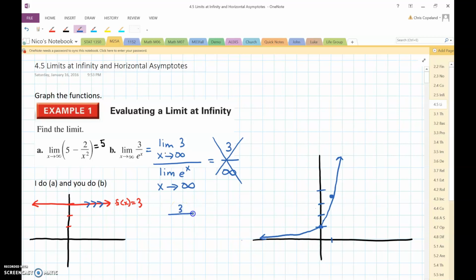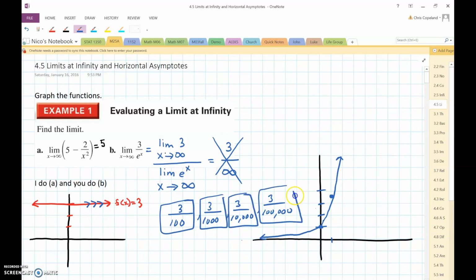So think of this as being 3 over 100, or 3 over 1,000, or 3 over 10,000, or 3 over 100,000. If you put all of these fractions in your calculator and see what the decimal equivalent is, you would notice that the numbers are getting smaller and smaller and going towards 0. So this is really equal to 0.